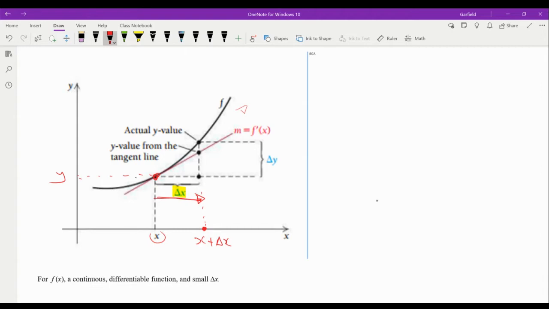And we went up this amount. So here you will see that we went up by delta y. What would a new y value be?